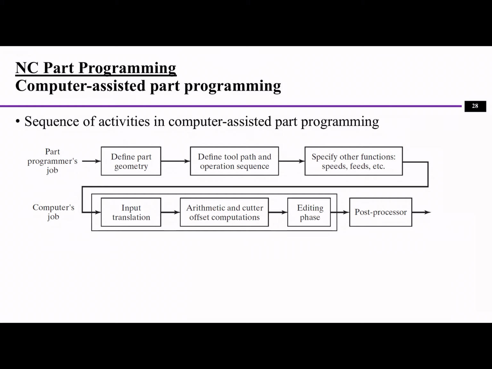So how does it work? Usually, when we have a part, first we design the part in the CAD software, and then we use software called CAM software, computer-aided manufacturing, to define the tool path.